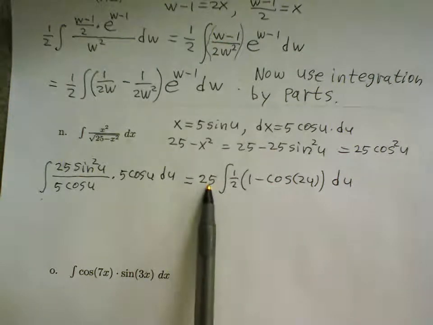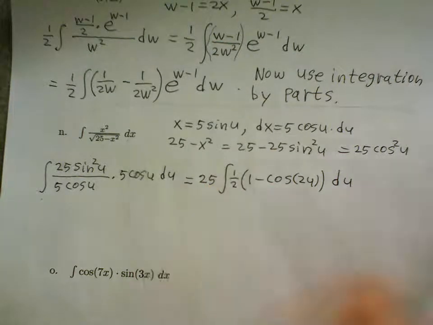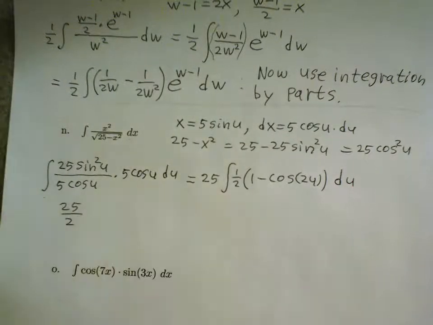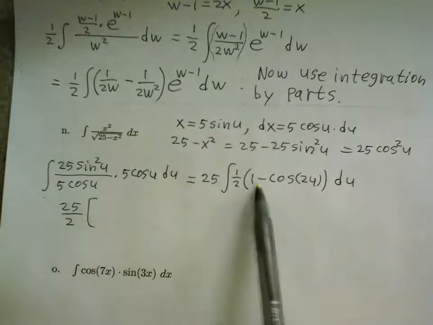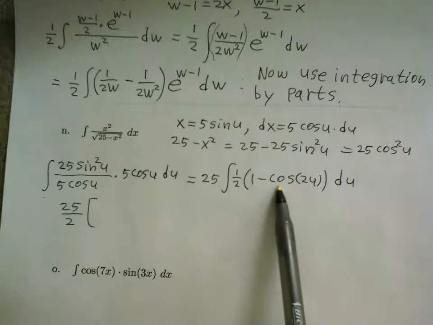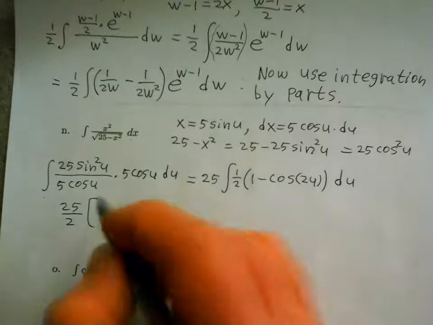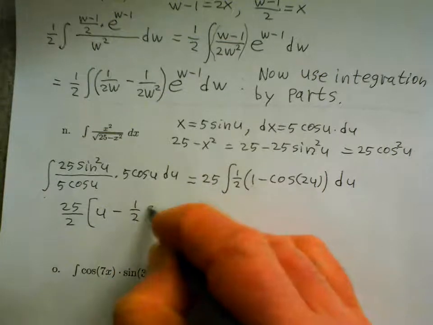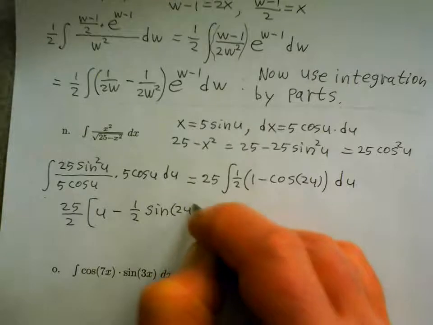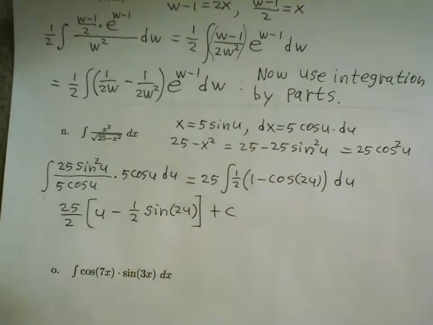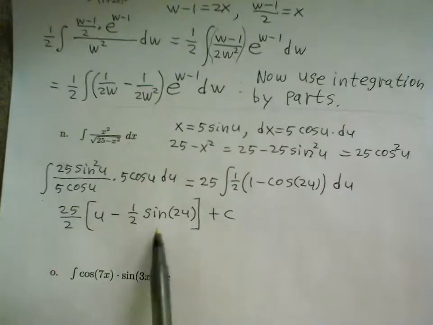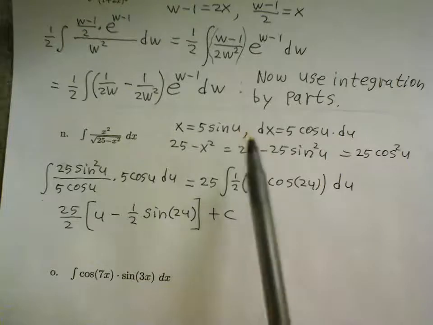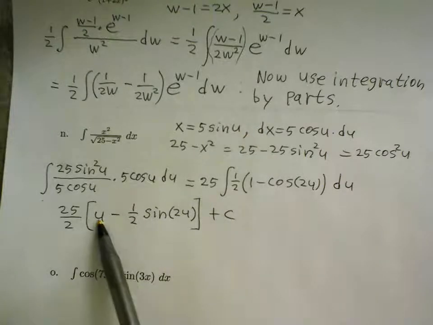We have this constant 25 times 1/2, so I'll bring the constant 25 halves out front. And then when we integrate 1 minus cosine of 2u, we'll get u minus 1/2 times sine of 2u. Okay, then we have to replace u with some expression in terms of x.